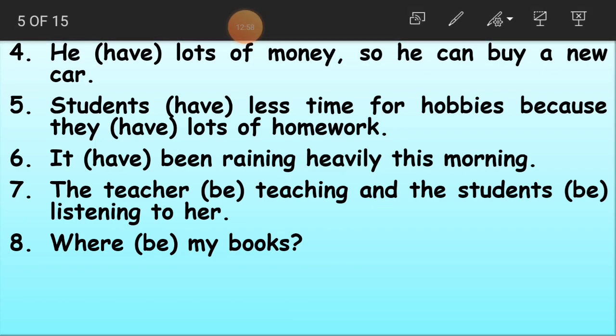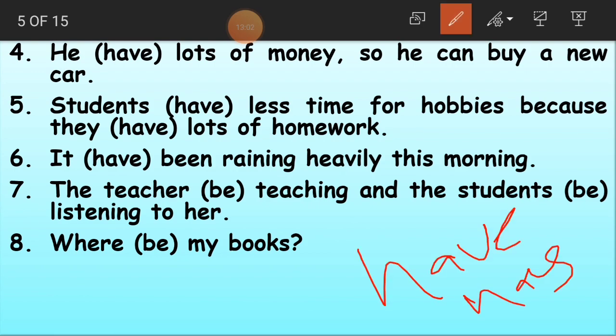What are they? Have, has and had. Okay, this have verb is going to change as have or has or had according to the subject and the tense. Tense in the sense whether it is a present tense or past tense.